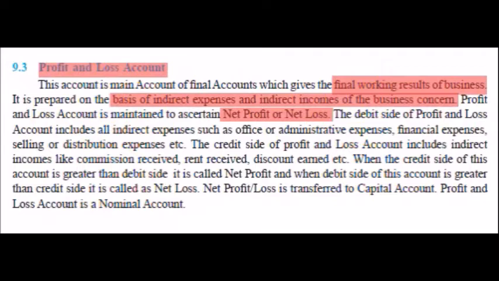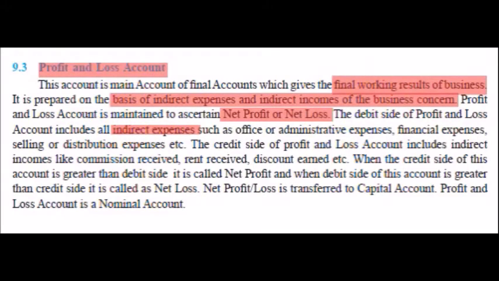In the debit side of the profit and loss account, we'll find the entries of indirect expenses, such as office administrative expenses, financial expenses, selling or distribution expenses, etc. These expense records will come under the debit side.